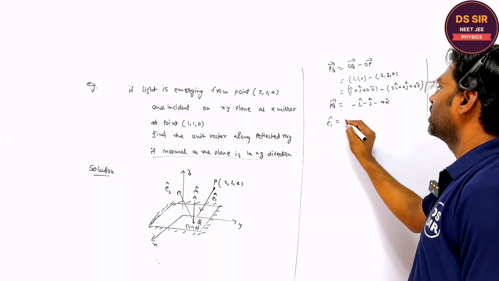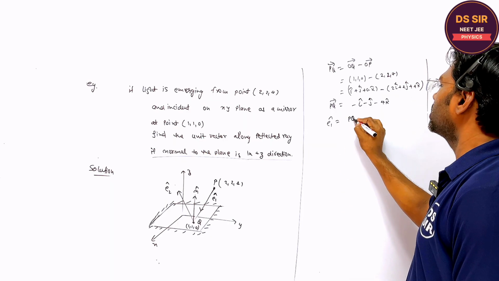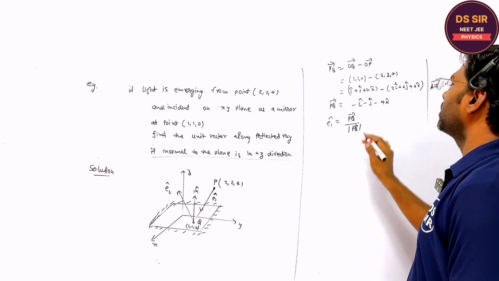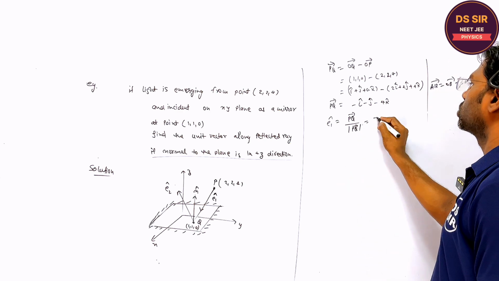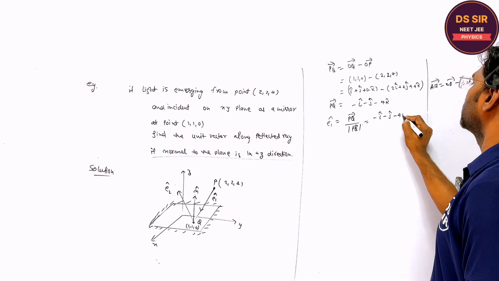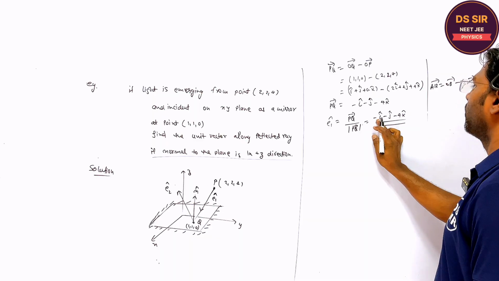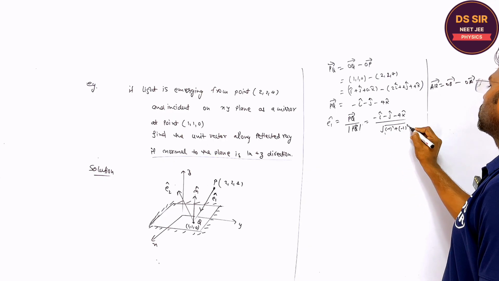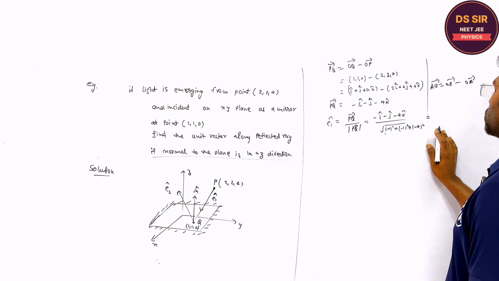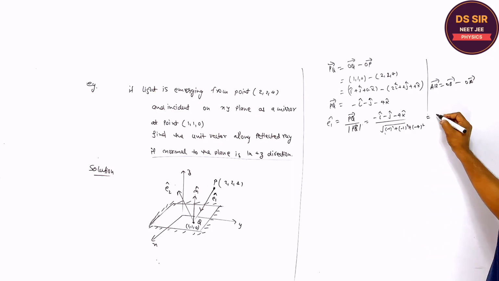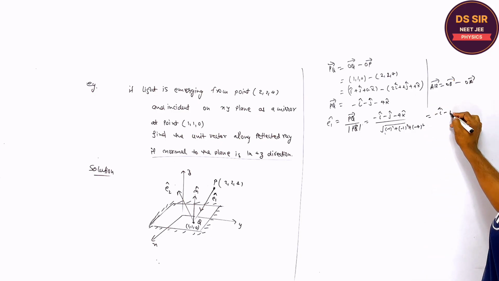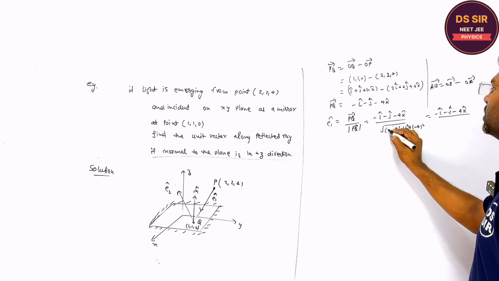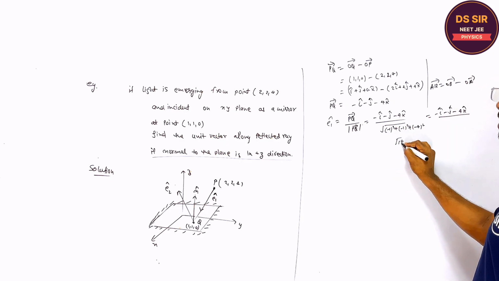What is the E1 vector? E1 vector is the unit vector. A unit vector is found by dividing the vector by its magnitude. So minus i minus j minus 4k cap divided by root of (minus 1) square plus (minus 1) square plus (minus 4) square. 4 squared is 16, 16 and 2 is 18, so root 18, right?